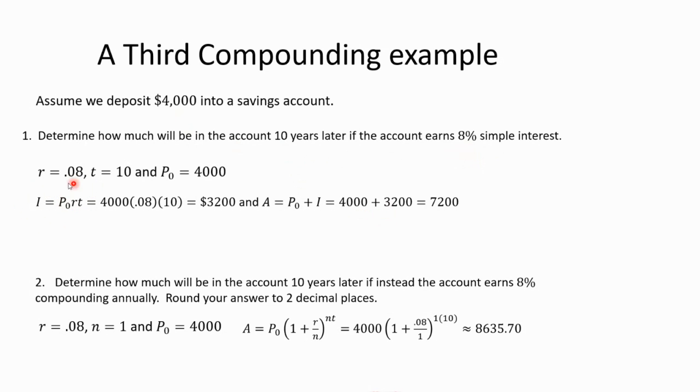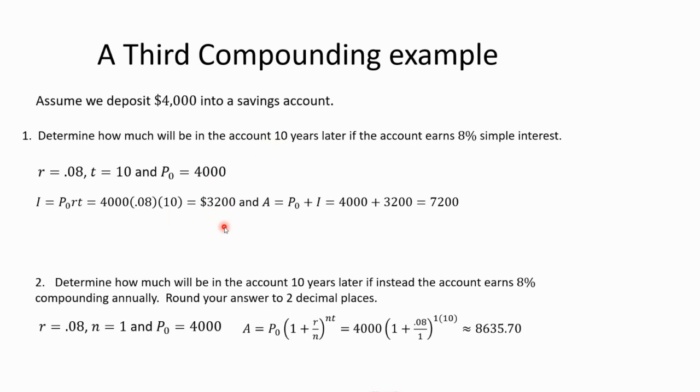That's the total interest if you have simple interest, P0 times R times T. So we get $4,000 times 0.08 times 10. Again, this is just the formula I'm using. So that's $3,200. That's the interest that's built up.